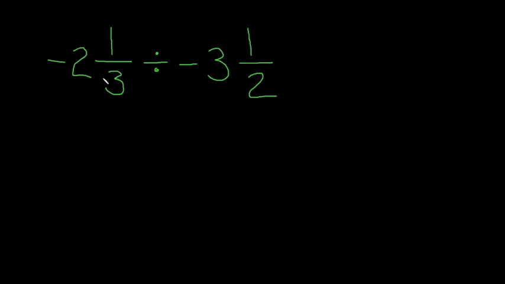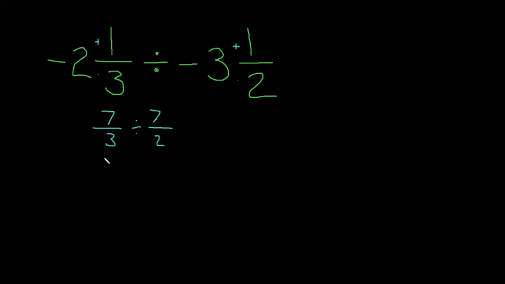Well, I know a negative divided by a negative is a positive, so I don't need to worry about my negative symbols because eventually my answer will be positive. So let's go ahead and convert these. 2 times 3, 6, plus 1 is 7. I'm going to try to make it a little smaller. Keep the same denominator, and divided by 2 times 3 is 6, plus 1 is 7 again. Keep the same denominator.